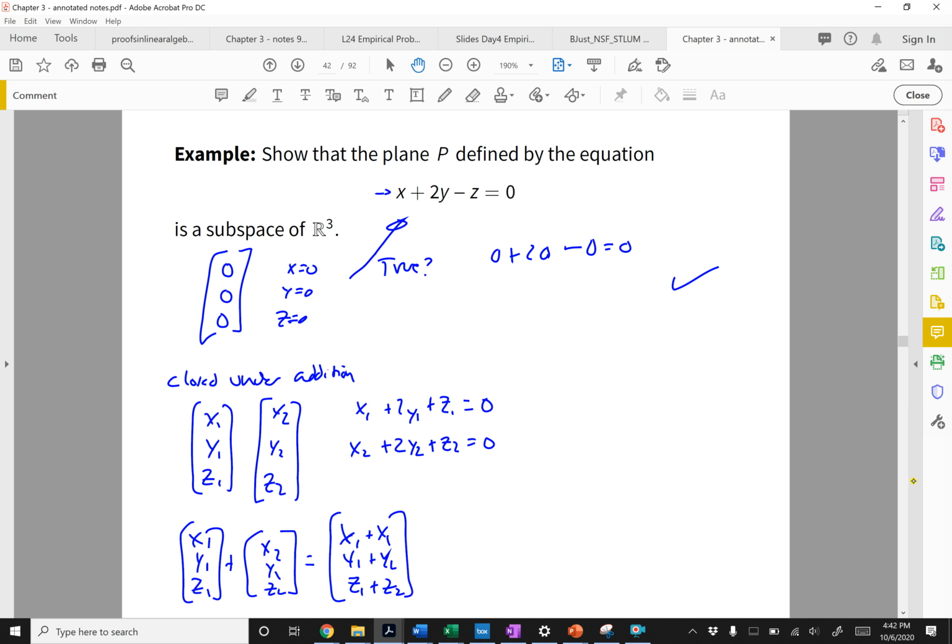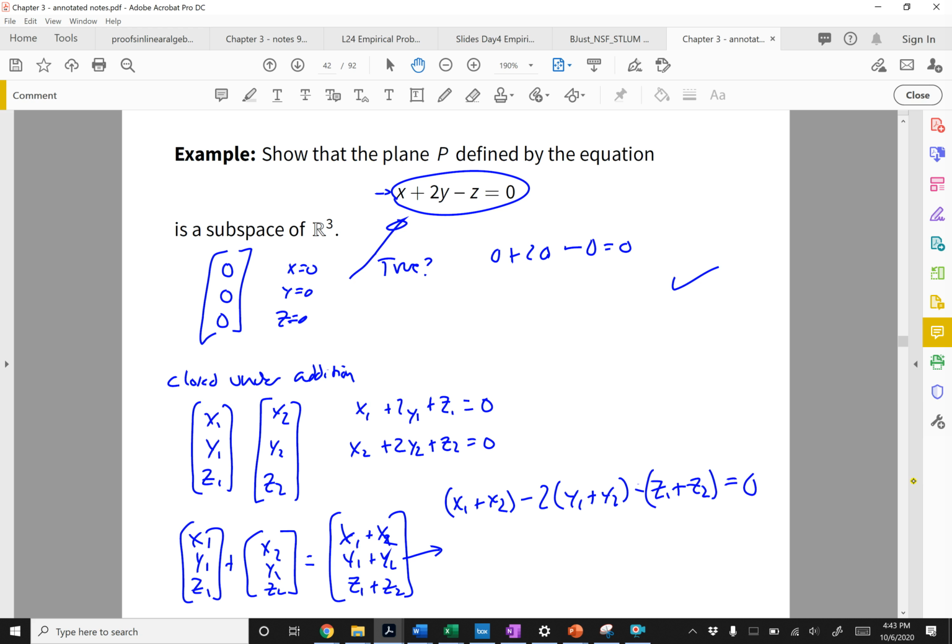Well, let's plug it into our formula up here. So for x, x1 plus x2, plus 2 times y1 plus y2, minus z1 plus z2.